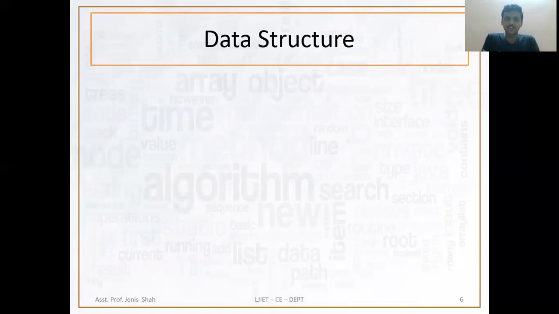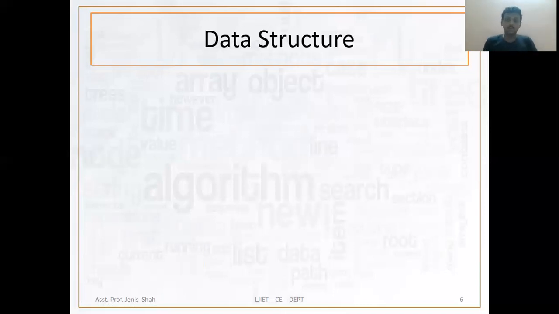Yes. In data structure, you are just arranging your data in memory in a very efficient way so that retrieval can be easy. Because at the end, what we need to do is process the data, retrieve the data, and store the data. So storing the data in a way such that retrieval is easy is known as data structure.